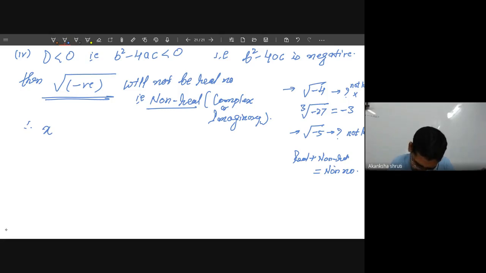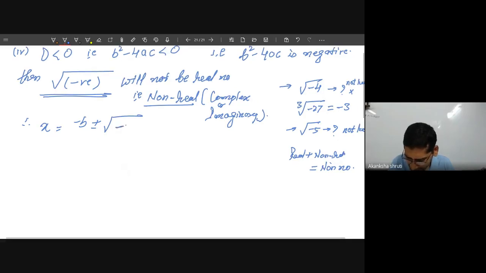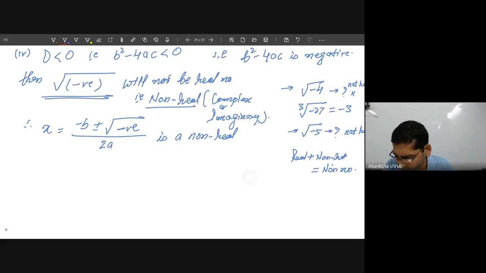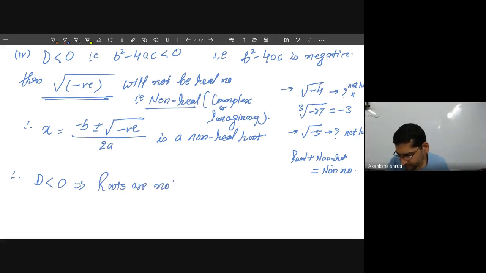So x equals minus b plus or minus under root of some negative number by 2a is a non-real quantity, or non-real roots. Therefore, when d is negative, this implies the roots are not real.